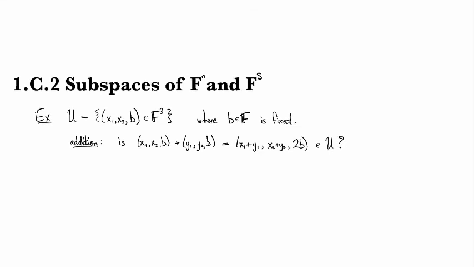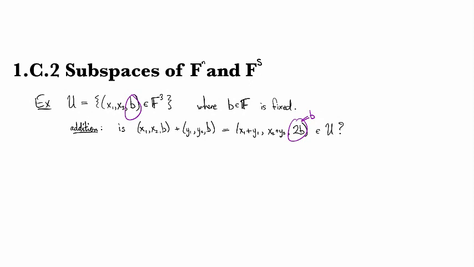The answer is, in order to be in U, you need to have a b in the third coordinate. So the question is, is this equal to b? And the answer is that b equals 2b if and only if b is equal to 0, which you can see by subtracting b from each side of that equation.